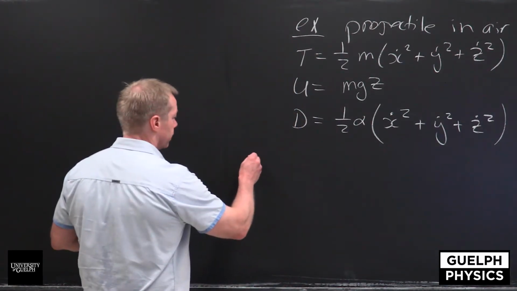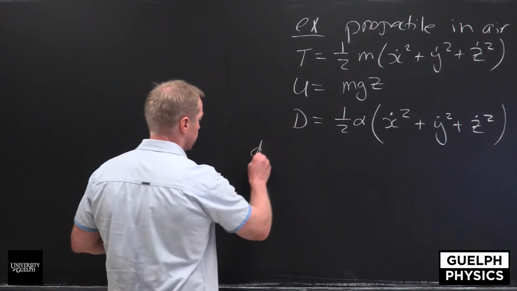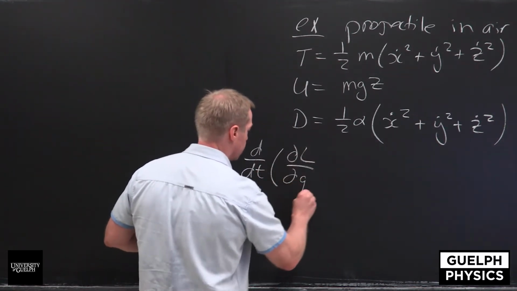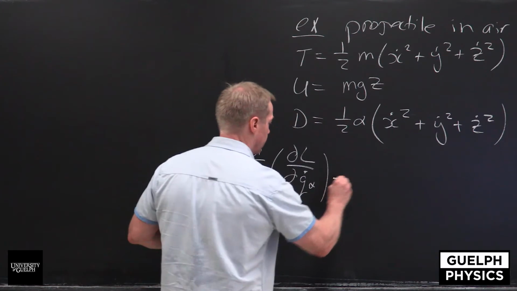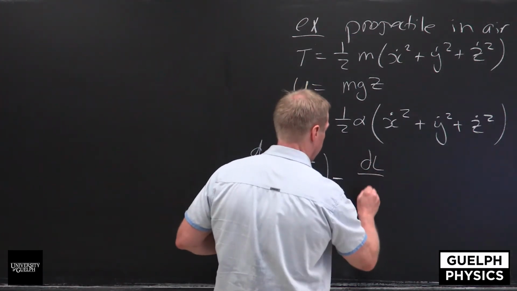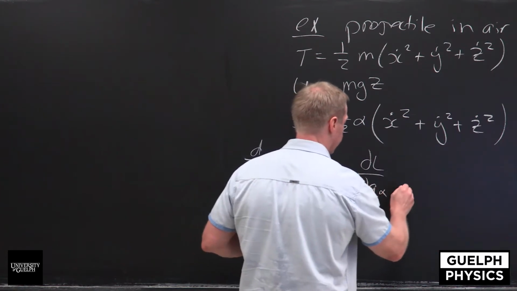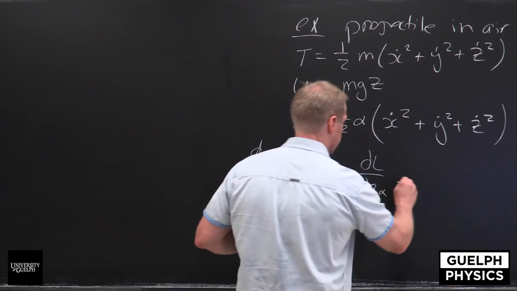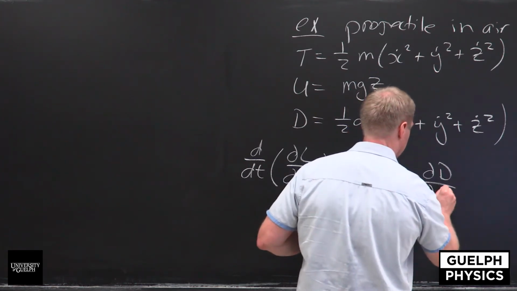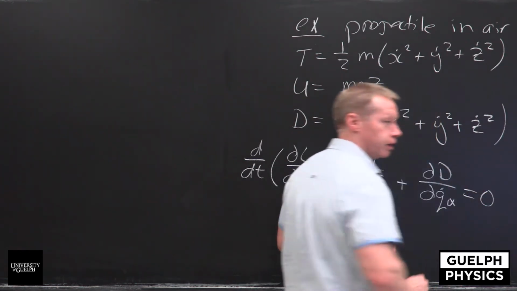So my Lagrange equation, we'll write it down for completeness: d by dt of ∂L by ∂q alpha dot, minus ∂L by ∂q alpha, plus ∂D by ∂q alpha dot, equal to 0.